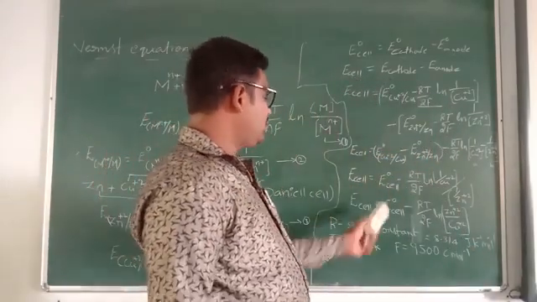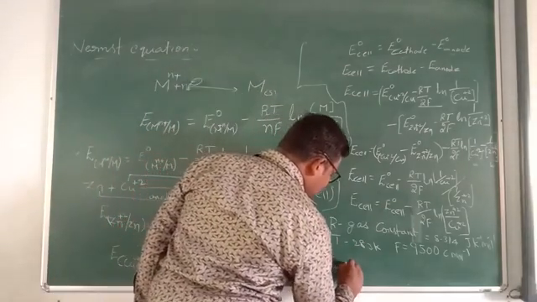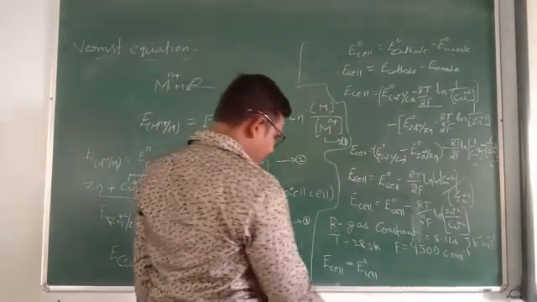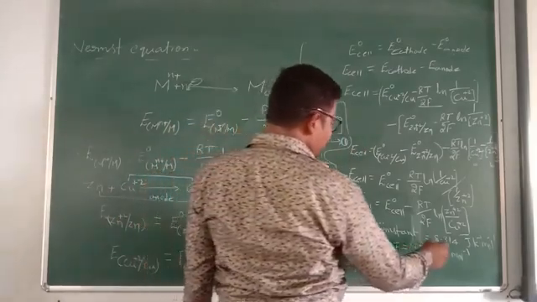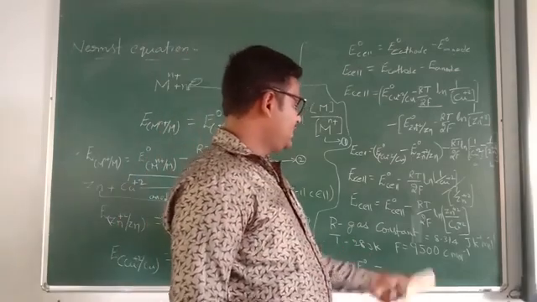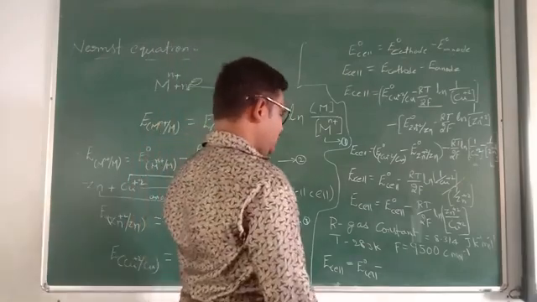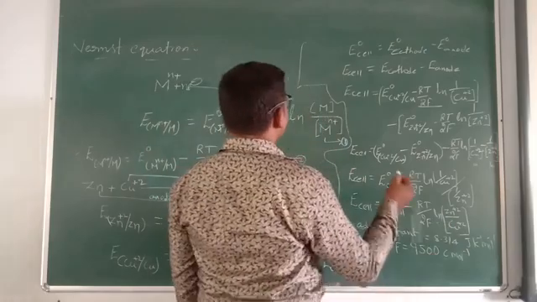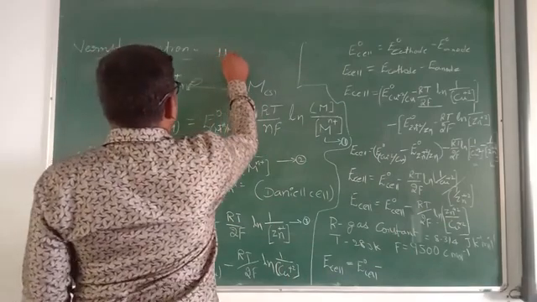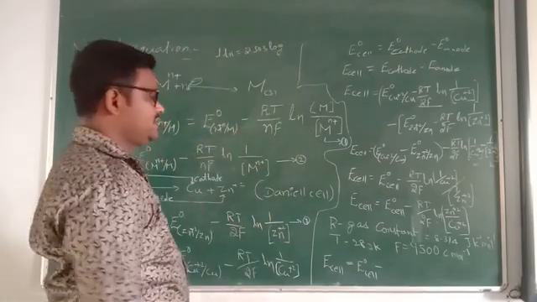If we substitute all these values in the above and multiply, then E cell is equal to E naught cell, the standard electrode potential of that cell, minus R value 8.31, T value 283 Kelvin, Faraday value 96,500. Also, 1 ln is equal to 2.303 log.